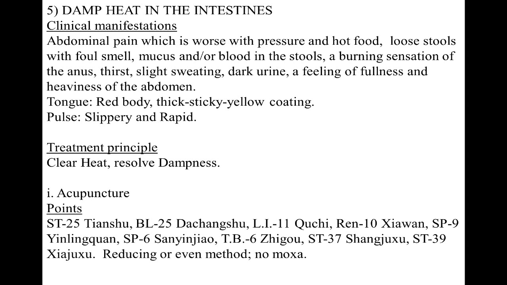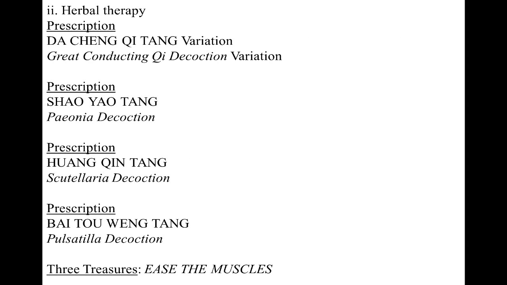Plus, you would have to add to these some of the points to resolve dampness that we have seen before, like Ren 9, Spleen 9, Spleen 6, Ren 5, Bladder 22, etc. And the prescription for this is also Ease the Muscles. It can be used for the middle burner and the lower burner damp heat.